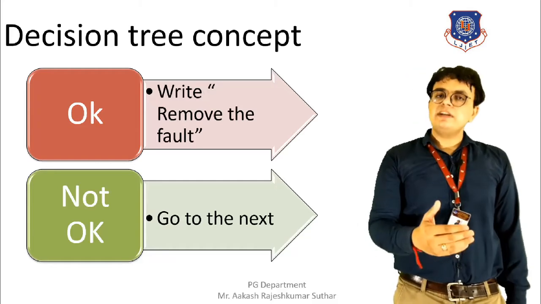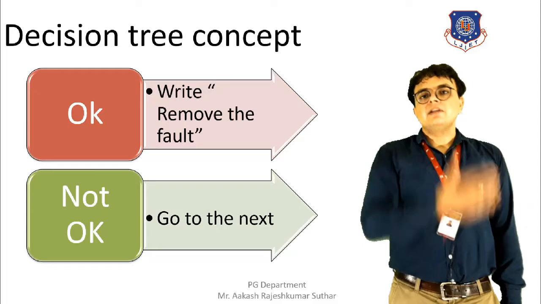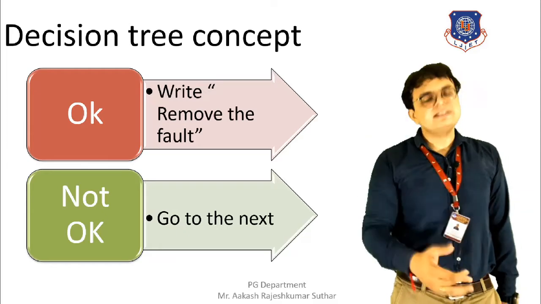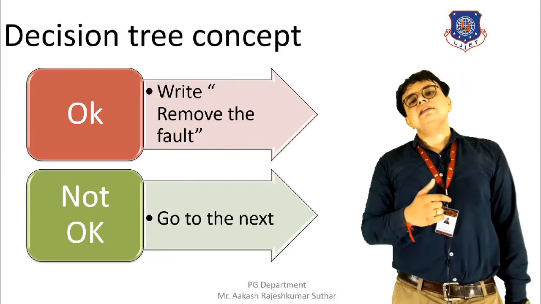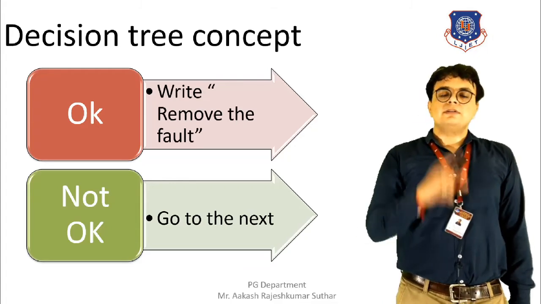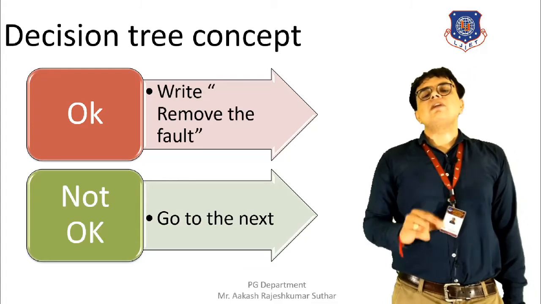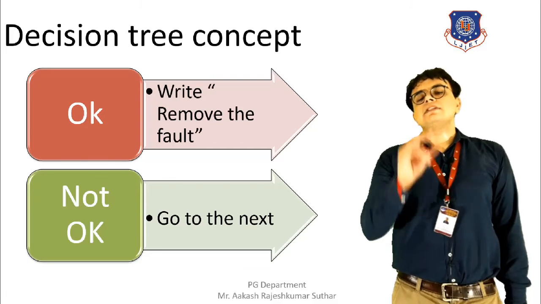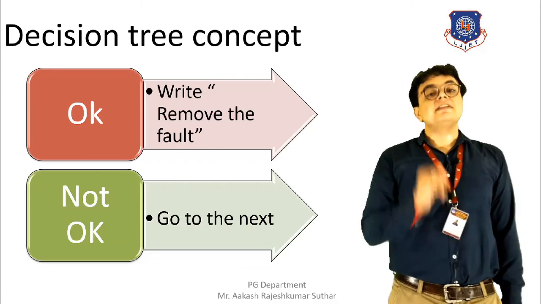In this way each and every fault and reason should be arranged, and accordingly the decision should be taken. So this is how we can get to the final causes of the fault in a decision tree diagram.